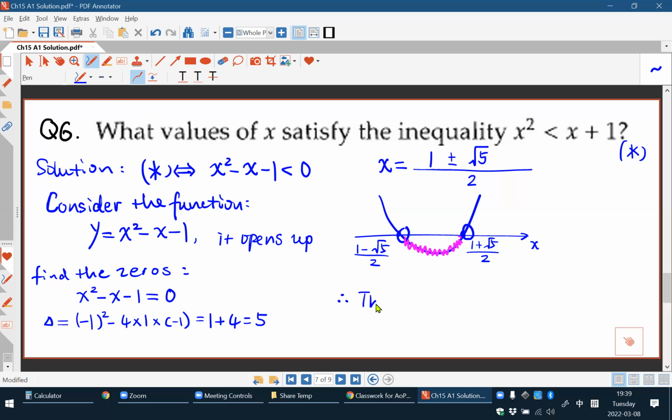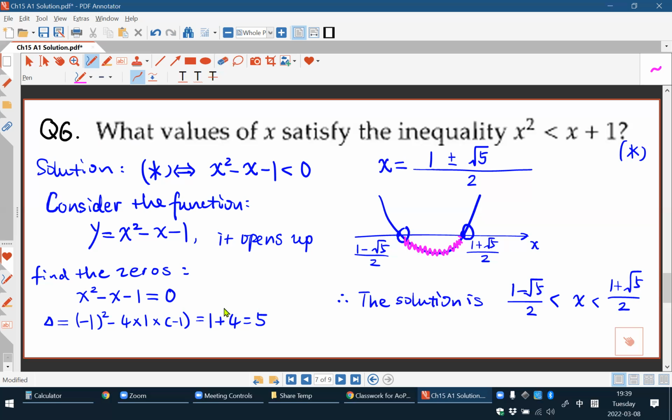Therefore, the solution is x greater than 1 minus square root of 5 over 2 and less than 1 plus square root of 5 over 2, right?